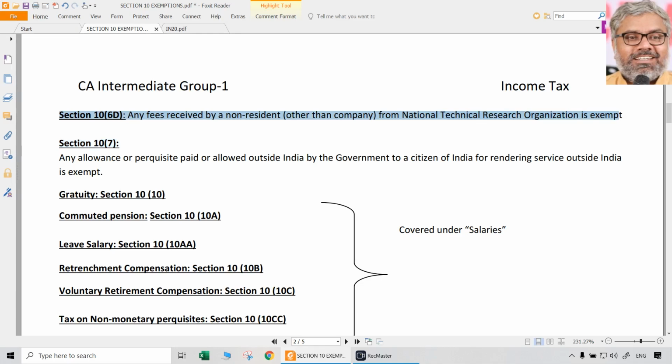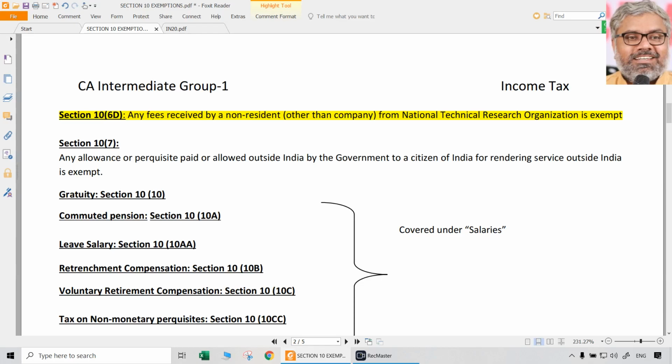Then 10(6)(d), nothing to specially remember in it. Any fees received by a non-resident other than a company from the National Technical Research Organization. There is some organization, we don't need to know all about that. The National Technical Research Organization is there in India naturally, and we are paying some fees to somebody, whoever it may be. Other than a company, we pay some fees to some foreign scientists or whoever it may be.